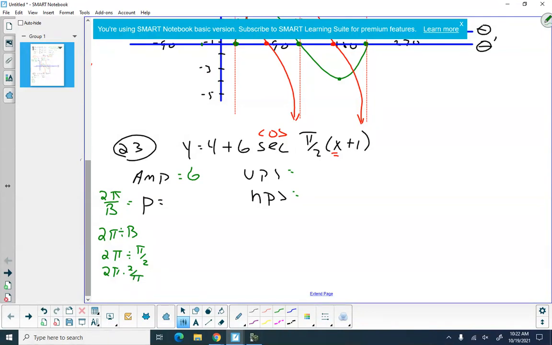So 4. The pi's will go bye-bye. So we have 2 times 2, which is 4. Vertical, horizontal phase shift, Joey, what do we have? 4 and negative 1. We have x minus a negative 1, so we have 4 and negative 1.